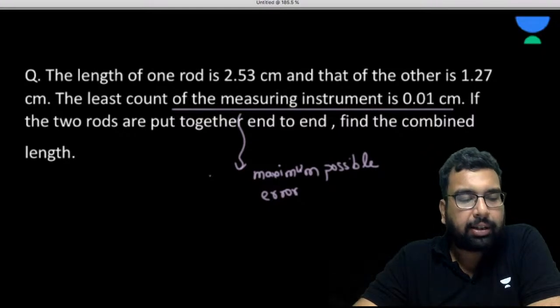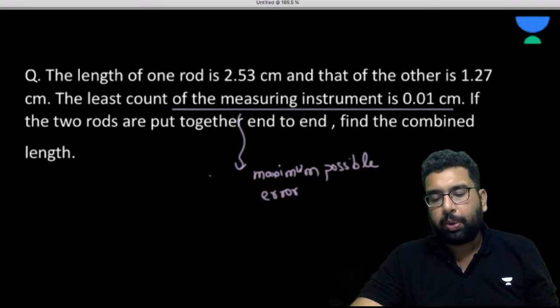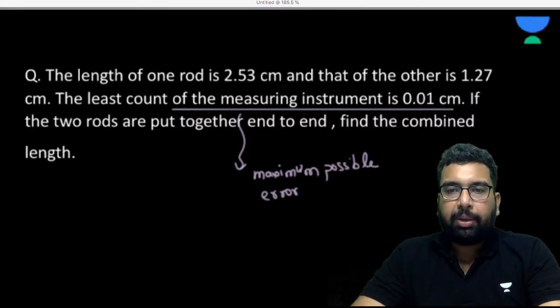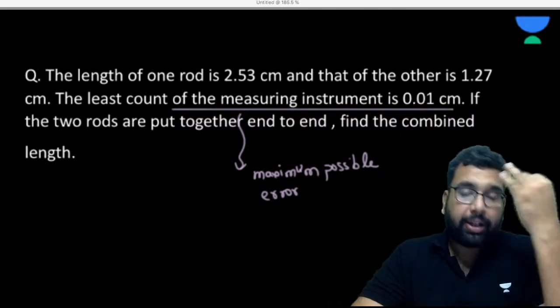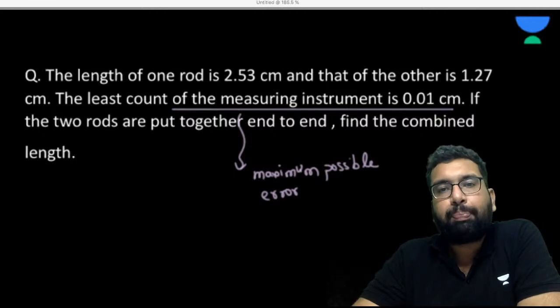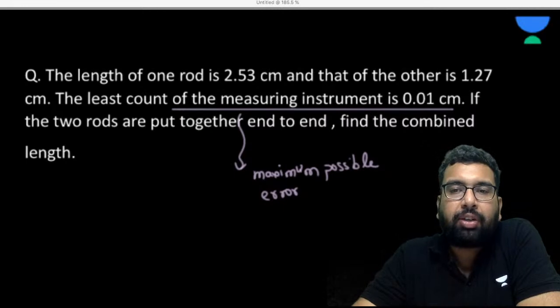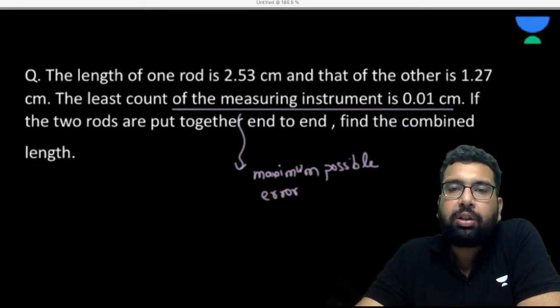We are going to see cases of the simple pendulum also. There is one experiment that we do in our laboratories, which is finding g through the pendulum setup. There are questions in which the least count of the stopwatch is given. So how to deal with questions having the least count of the measuring instrument?